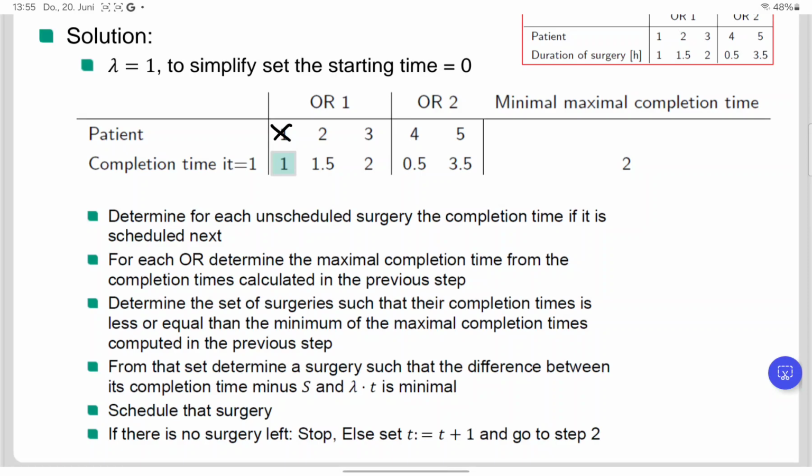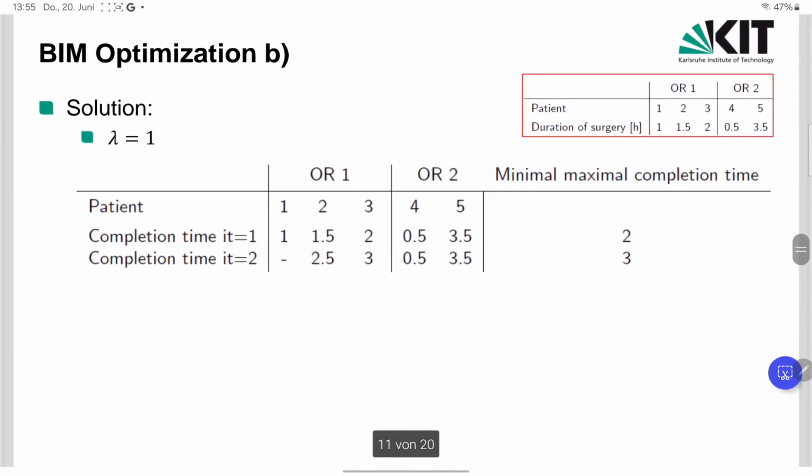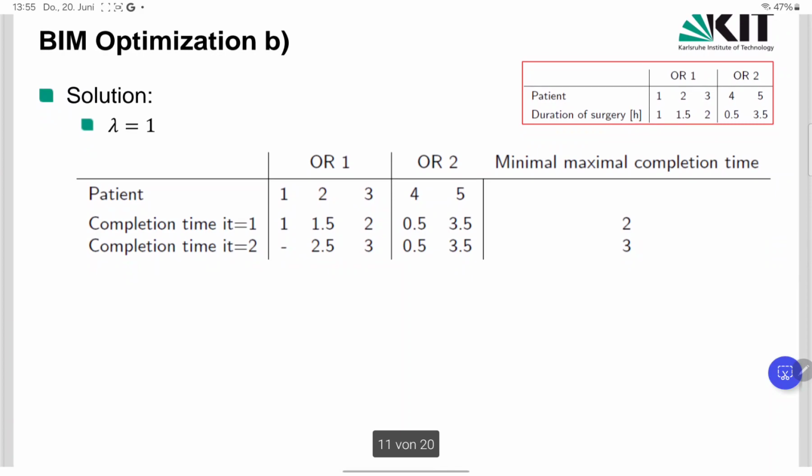The next step would be to check if we have unscheduled patients. Yes, we do. That means we now have to set the iteration number to the next one and go back to the second step. So what does it mean? You can see here the first patient has been assigned, and the iteration was set to 2.